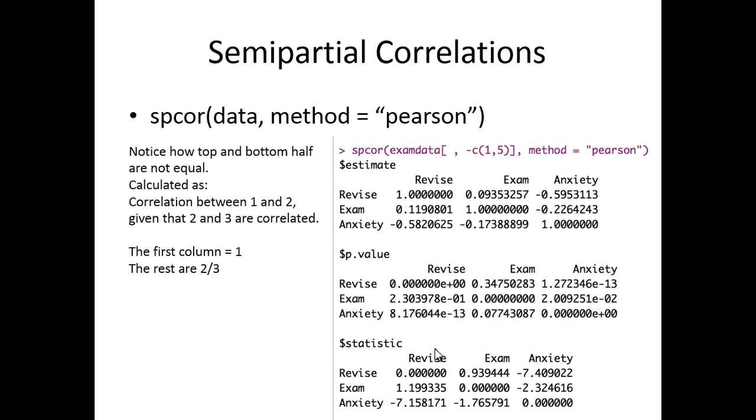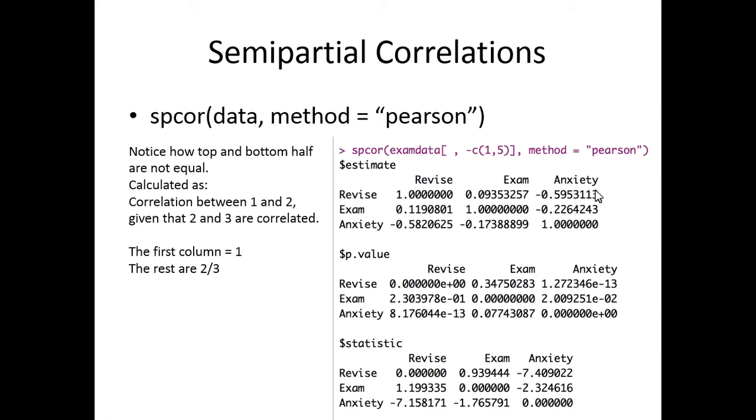But you'll notice that the correlation between revisions and exams, given anxiety, is not the same as exams and revisions, given anxiety. I got 0.12 and 0.09. So what's happening is you have to interpret going across. This is revisions and exams, given that anxiety and exam are correlated. And then revisions and anxiety, given that anxiety and exam are correlated.